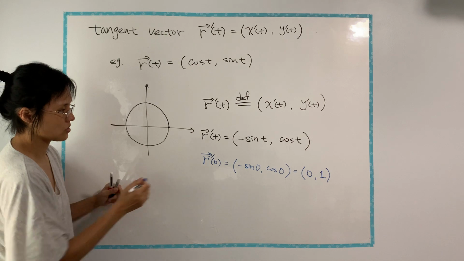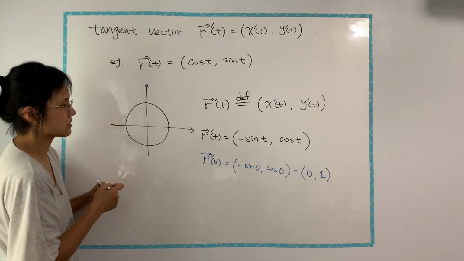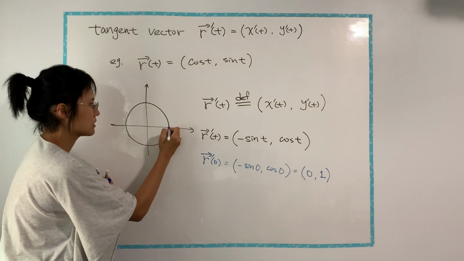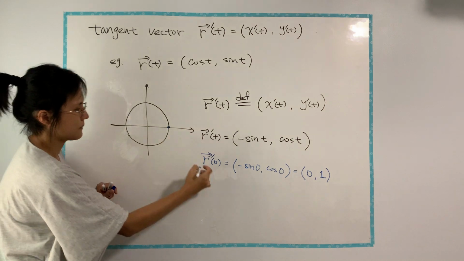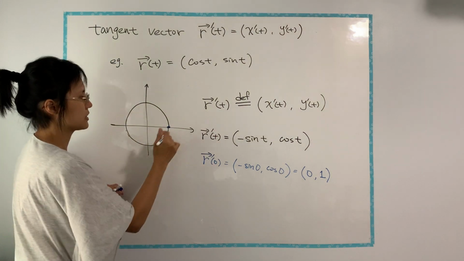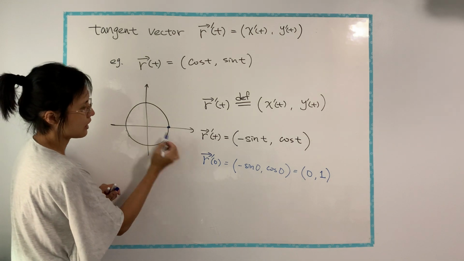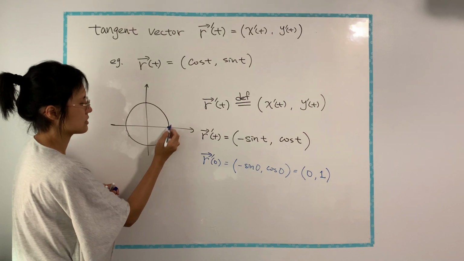So when we work with tangent vectors, we may as well just draw the vector starting from where r of 0 is, or where r of t is. So I'm looking at r prime of t, and therefore I start from r of 0, that's here.